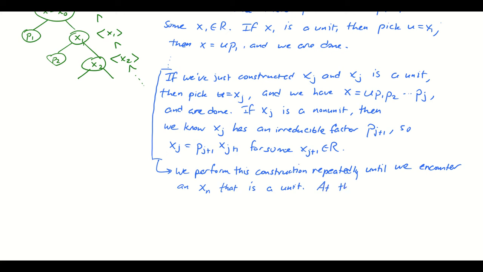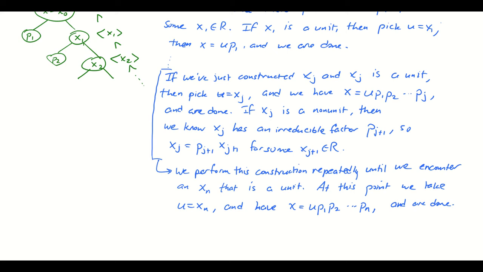At this point, we take u, our unit, to equal xn, and have x equals u times p1, p2, all the way up through pn, and we are done, because that's a factorization into a unit times irreducibles. Okay, that's if the construction eventually stops.